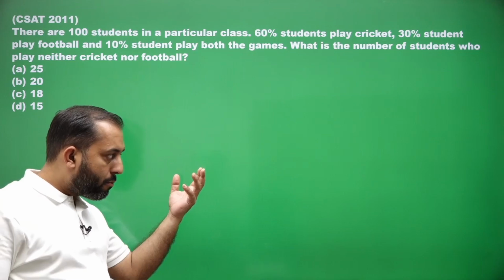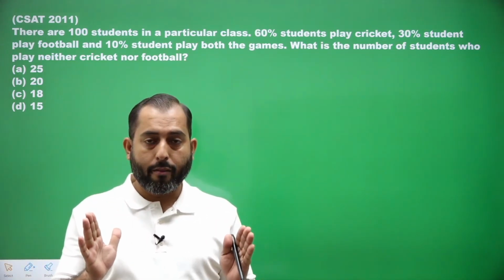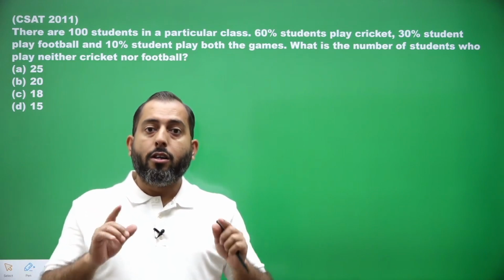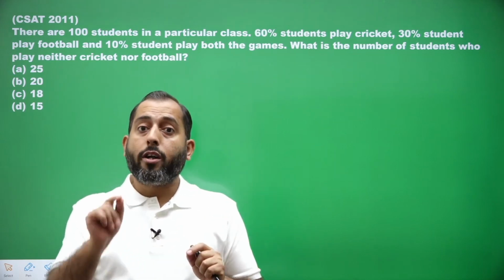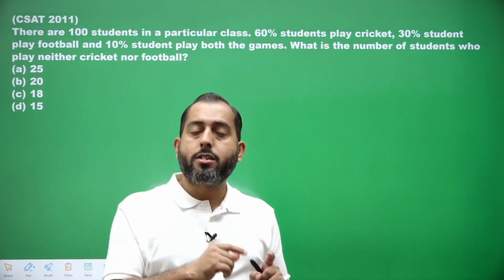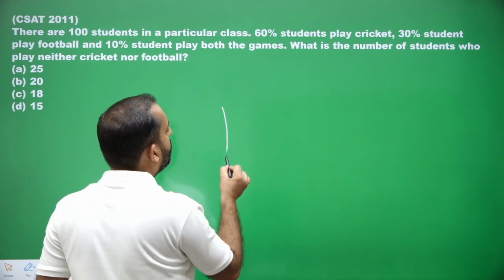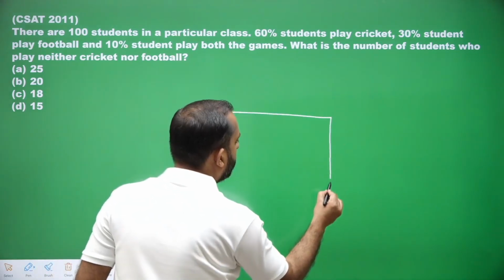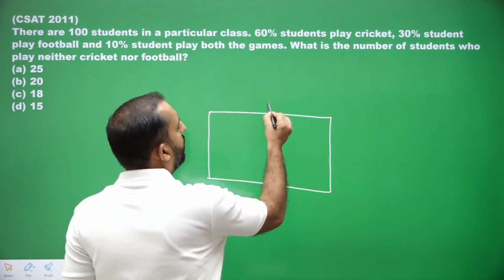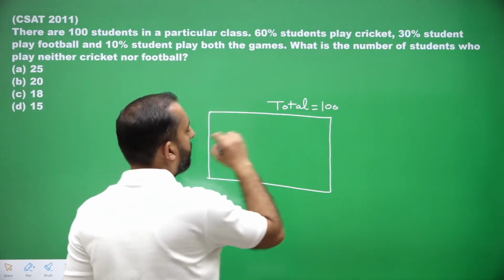So in this question, the examiner is talking about 100 students. So the completeness for this diagram is what? 100. In set theory and in a Venn diagram, we represent completeness with the help of a rectangle. So this rectangle will represent the count of total number of students, which is 100.